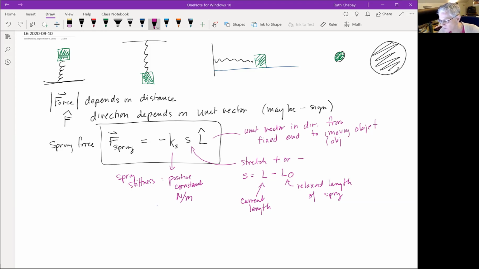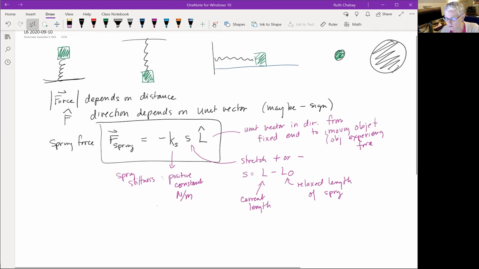K sub S is never negative. It's a positive constant. This is a minus sign. So K sub S is a positive number, and the minus sign is part of the equation. We'll see where it comes from. We'll see why we need a minus sign here.